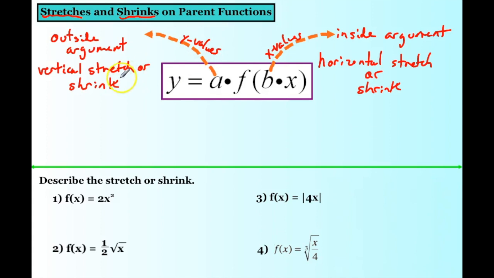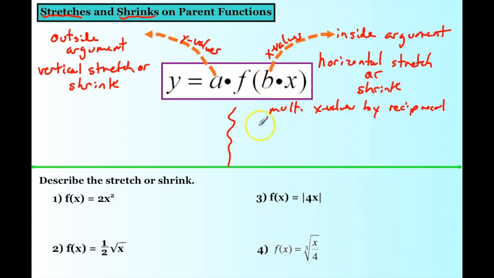So how do you determine if it's a stretch or a shrink? First let's talk about the horizontal stretch or shrink. If it's inside the argument, you're going to multiply your x values by the reciprocal. So what does that mean?